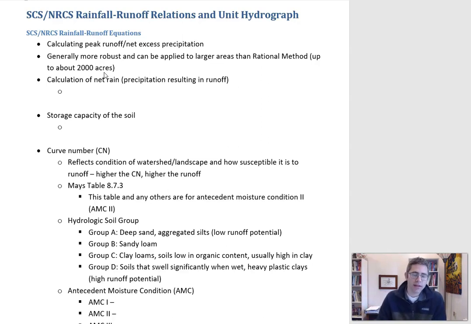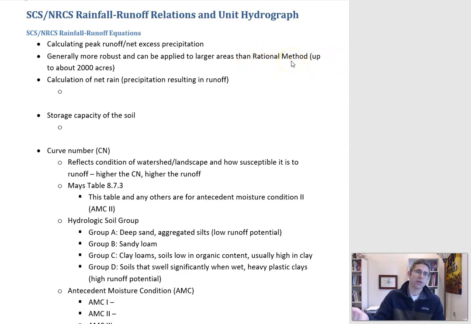So this is one method. It's a pretty robust method. We'll talk later on, in a few lectures, about City of Newburgh's regulations and requirements for design, and we'll see how it references this method as well as some other methods we'll learn. And this is one of the more robust methods. We can apply it to larger areas than, say, the rational method.